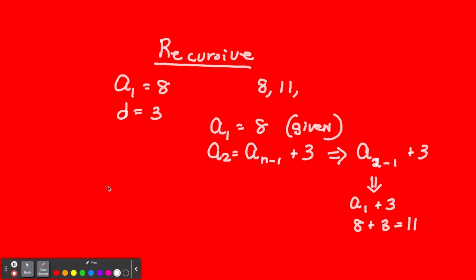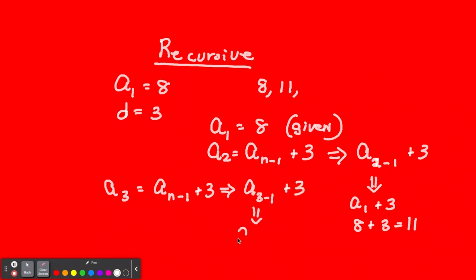So let's say, for example, now we want to find the third term. Of course, we're just adding 3 each time, but this is how we can write out the statement. So the third term will be a n minus 1 plus 3. We're trying to find the third term, so it's a3 minus 1 plus 3.